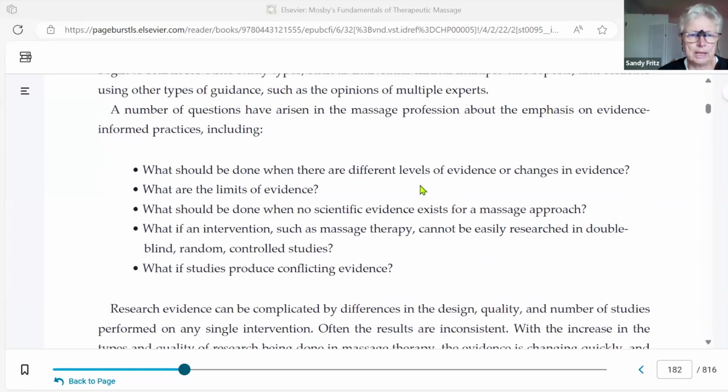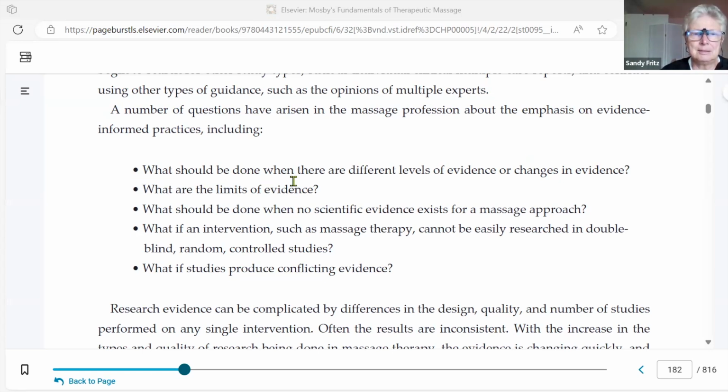We also don't want to just believe it because somebody says it. So what should be done when there are different levels of evidence or changes in the evidence? And this has happened a lot with massage. We used to think, and now we know that it's not that, and it may be something else.